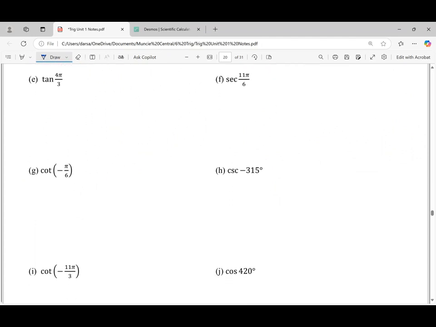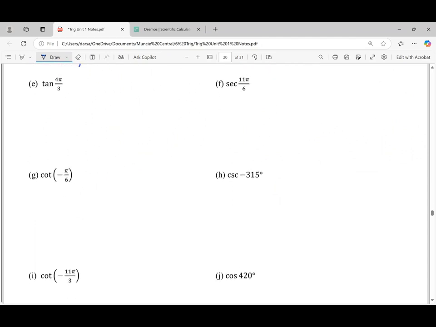So let's try tangent of 4 pi over 3. 4 pi over 3, well, that's a plus 1. That puts us down here in this quadrant. So we're going to connect, and remember, that means that our reference angle is pi over 3 since our denominator was 3. Okay, pi over 3, that's like 60 degrees.